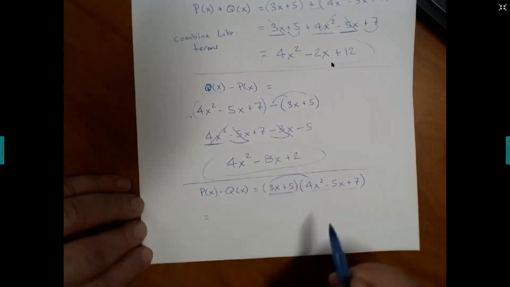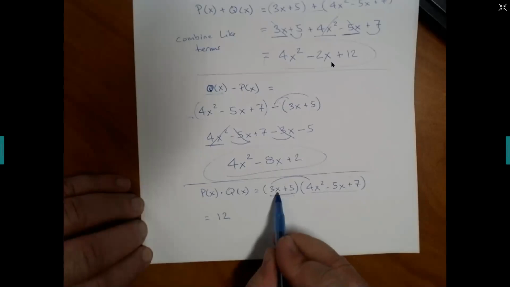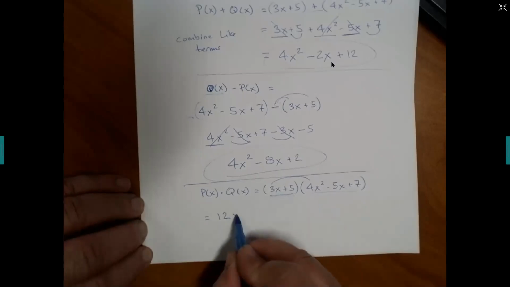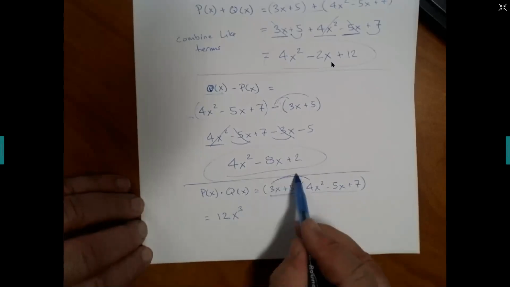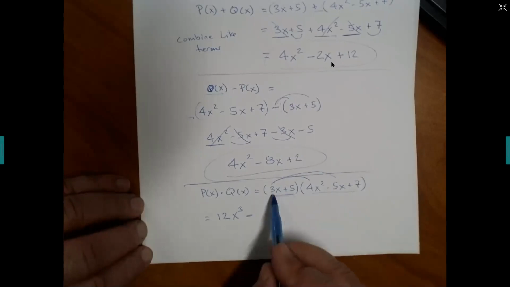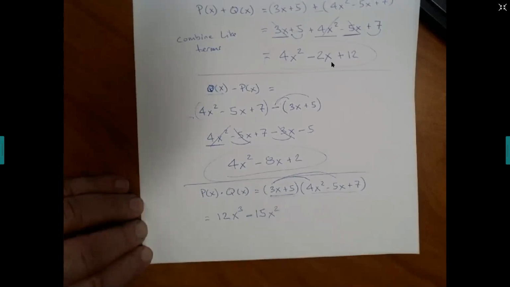So 3 times 4 is 12. 3x times x squared gives us 3x cubed. Now the next one. Positive times negative is negative. 3 times 5 is 15. x times x is x squared.